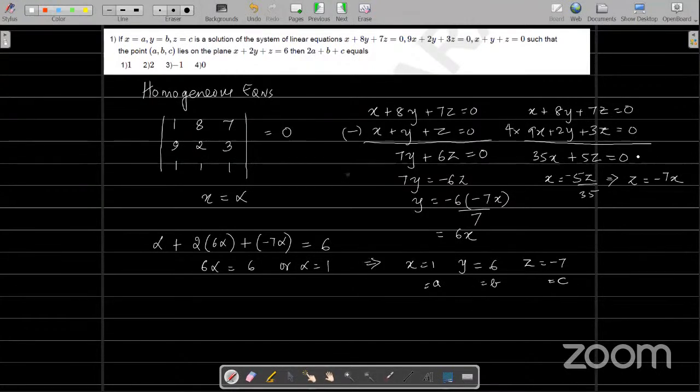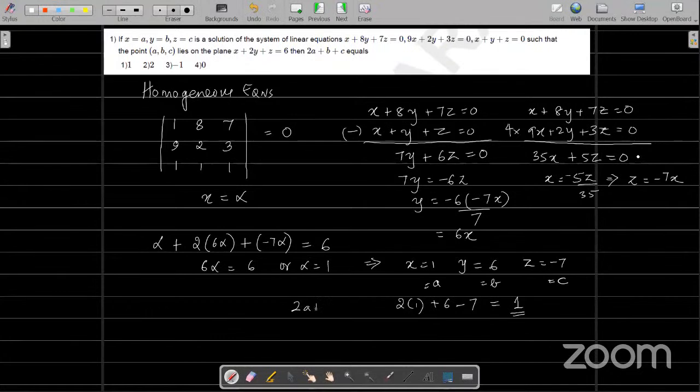So what is the final requirement? We want to calculate 2a plus b plus c. So therefore 2 into 1 plus b is 6, then plus c, which is equal to minus 7. So 6 plus 2, 8, 8 minus 7 is equal to 1.